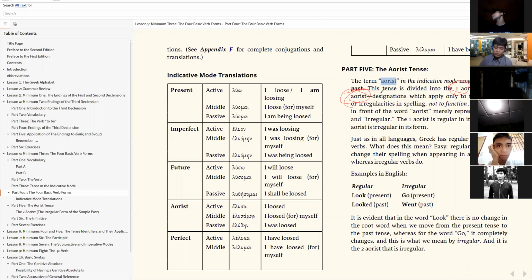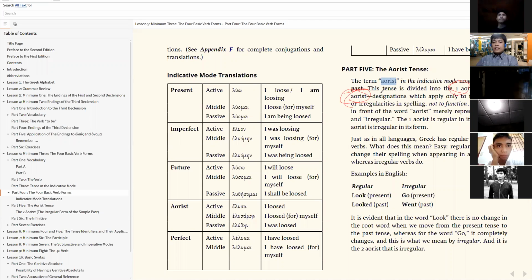It's called first aorist and second aorist because of the variations of the spelling. The first aorist is the regular form. The second aorist is the irregular form. So if it does not follow the regular form, it's called second aorist.